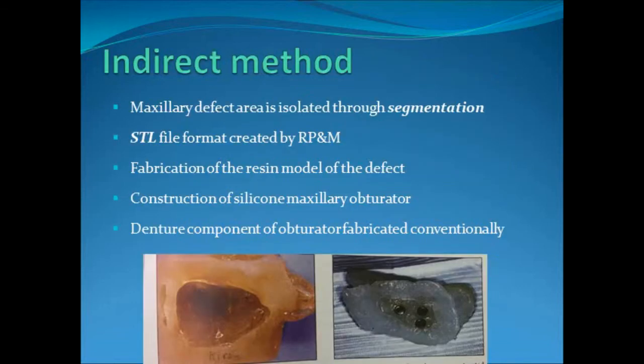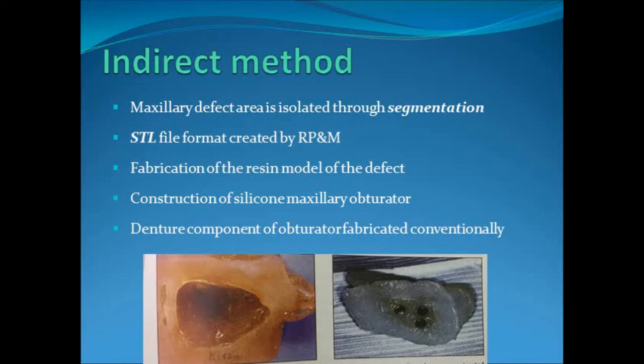In the indirect method, first the maxillary defect area is identified from the 3D data set that is imported into the software, and then this area is isolated through a process that is termed segmentation. Once isolation is done, the RP&M software is used to create an STL file format of the defect, that is the stereolithographic file format.